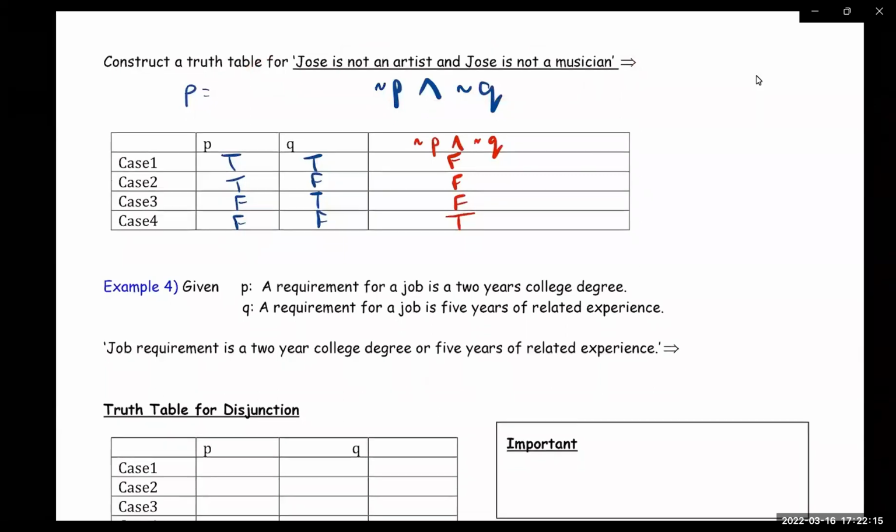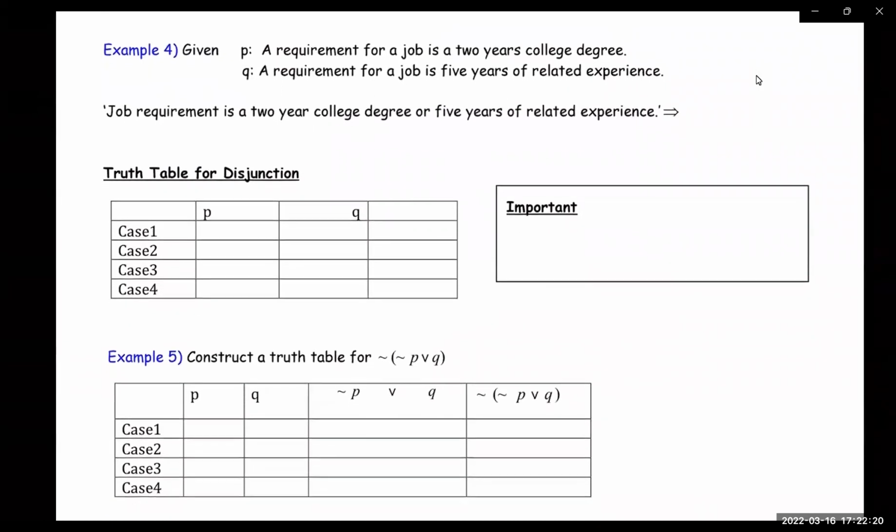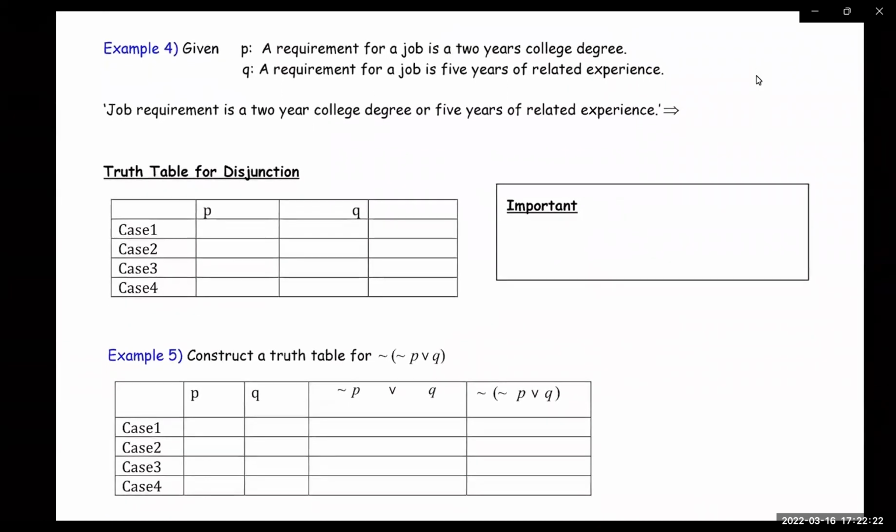All right. Let's look at this one. So you got two statements again. A requirement for a job is a 2-year college degree, and a requirement for a job is 5 years of related experience. The job requirement is a 2-year college degree or 5 years of related experience.